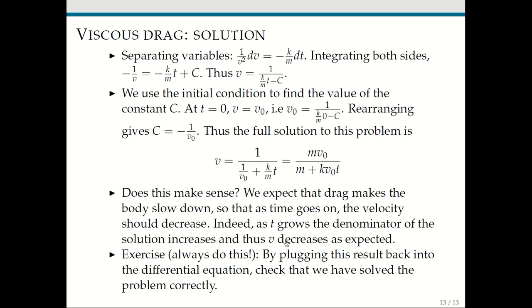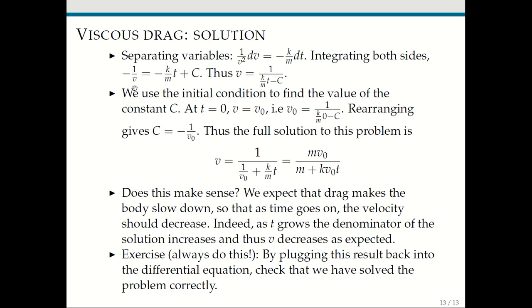Our approach is again the same. We use separation of variables. So we put everything with the dependent variable on the left-hand side, everything without on the right-hand side. So here we would get 1 over v squared dv is equal to minus k dt. We now integrate both sides. The integral of 1 over v squared is minus 1 over v.